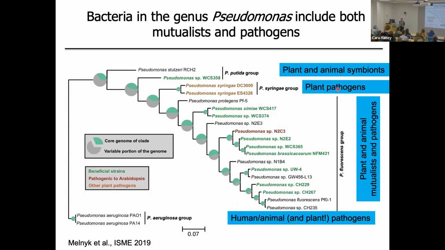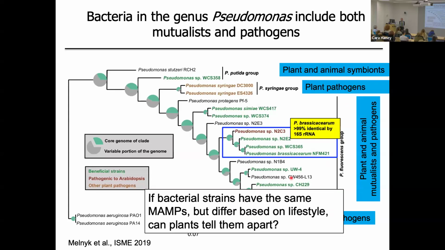They are virulent plant pathogens like Pseudomonas syringae, and they are plant and animal pathogens. Plant and animal mutualists, so the Pseudomonas fluorescens. So classically, Pseudomonas fluorescens has been thought of as mutualists or commensals. They're beneficial to plants, or they at least don't harm plants.